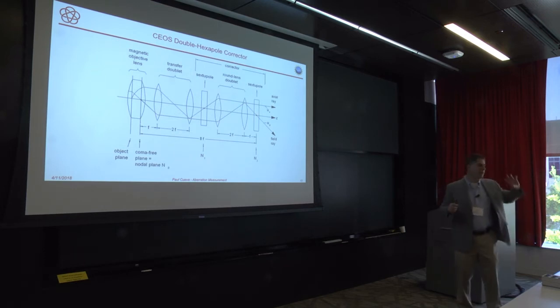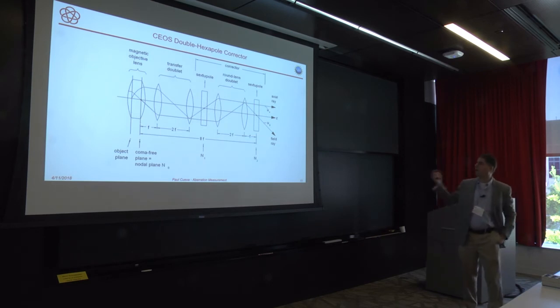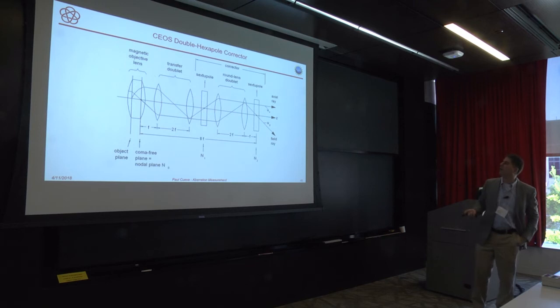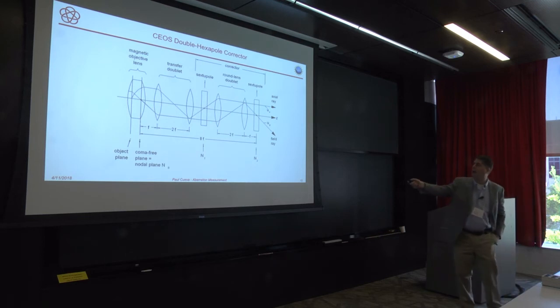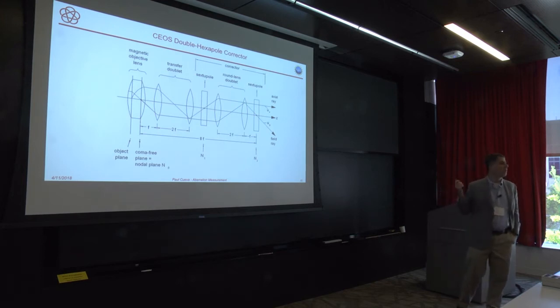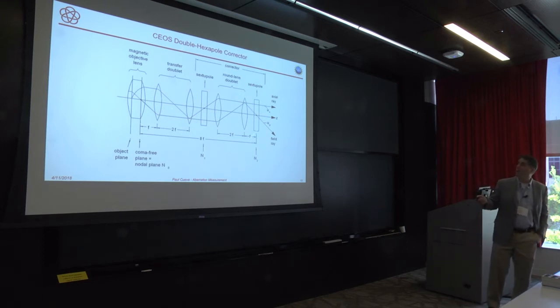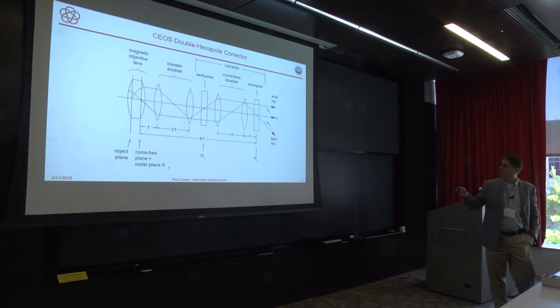The trick is you try to take your round beam, push it into a line, and then you can cancel aberration one way and then the other way. So this element over here with the sextupoles is our simplest form of aberration corrector. This is the CEOS design, which is Harald Rose's design. Rose was Georg Hofstadter's thesis advisor. And so it's not surprising that these elements are what you'd use in the synchrotron.